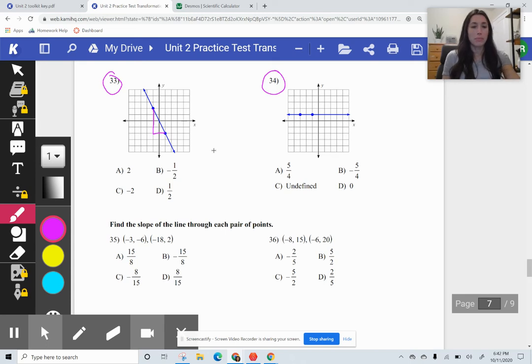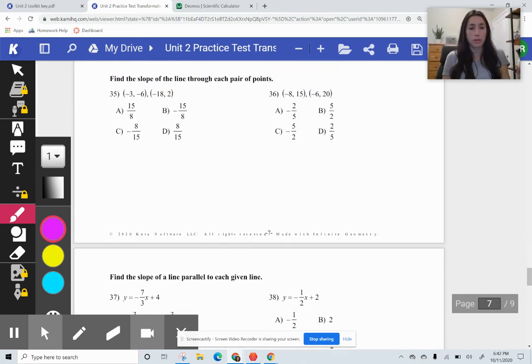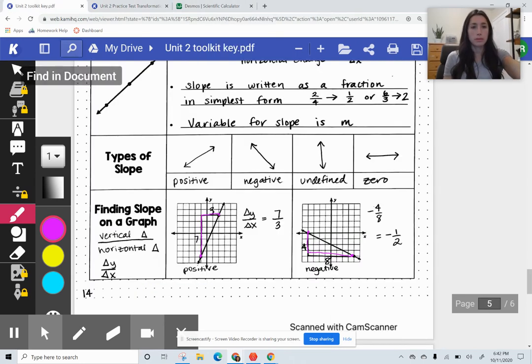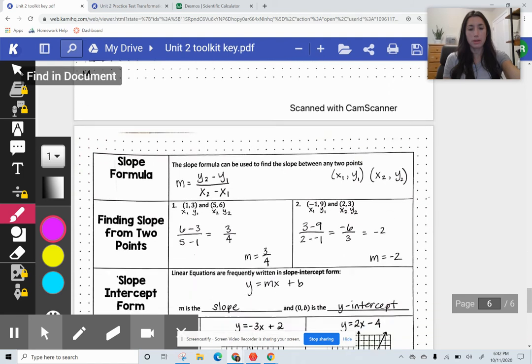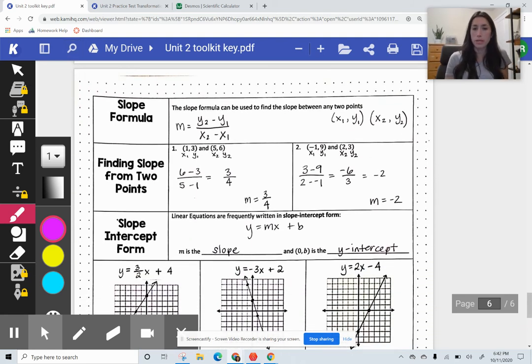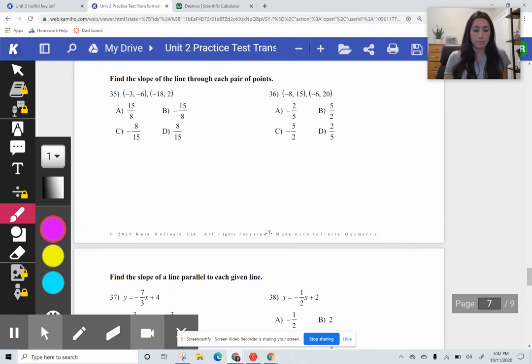Okay, now we're going to be using the slope formula that can also be found in your toolkit. We've got that here. So we have a few examples: y2 minus y1 divided by x2 minus x1. So remember, vertical change divided by horizontal change. So let's go back here. I'm going to label this as x sub 1, y sub 1.